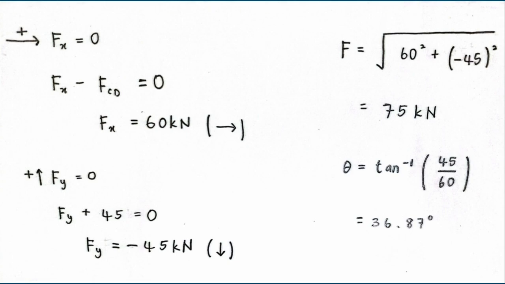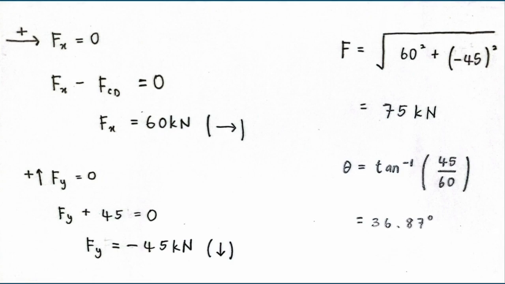And for Fy, we need the sum of Fy equal to 0. We assume that positive is upward. So Fy plus 45 equals 0, and Fy equals negative 45 kilonewton, and the direction is downward.